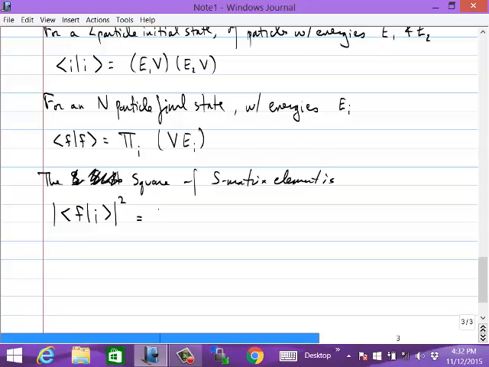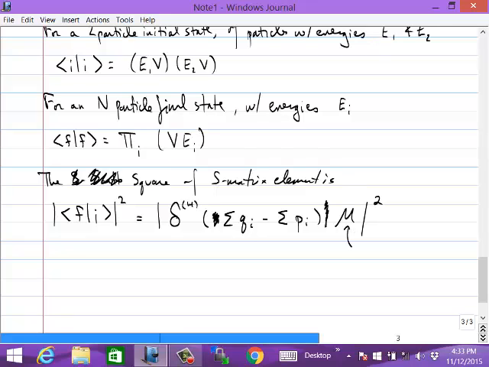And remember, when we compute this S matrix element, we pull out a factor of a momentum conserving delta function. So if the initial states have momenta Q and the final states have momentum P, then we pull out that momentum conserving delta function, and the remainder is the thing that we called M, and M is the thing that we compute using our Feynman rules.